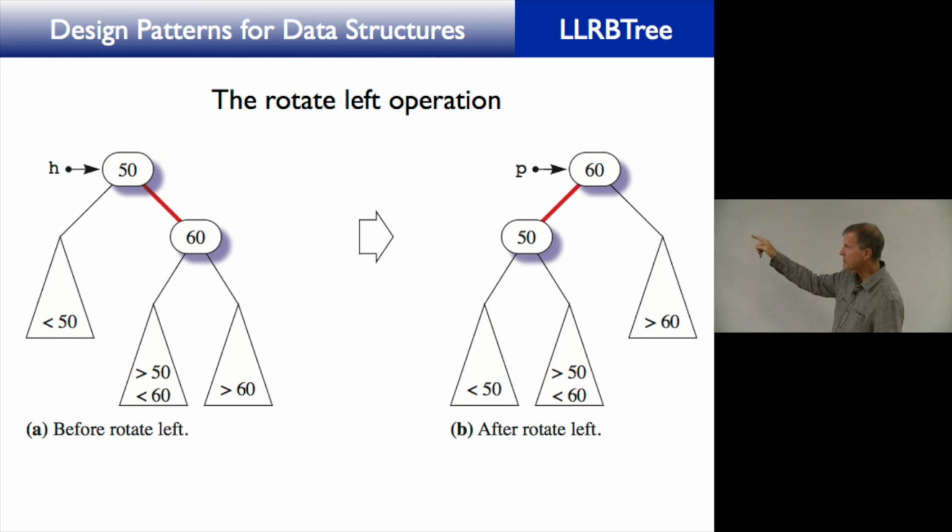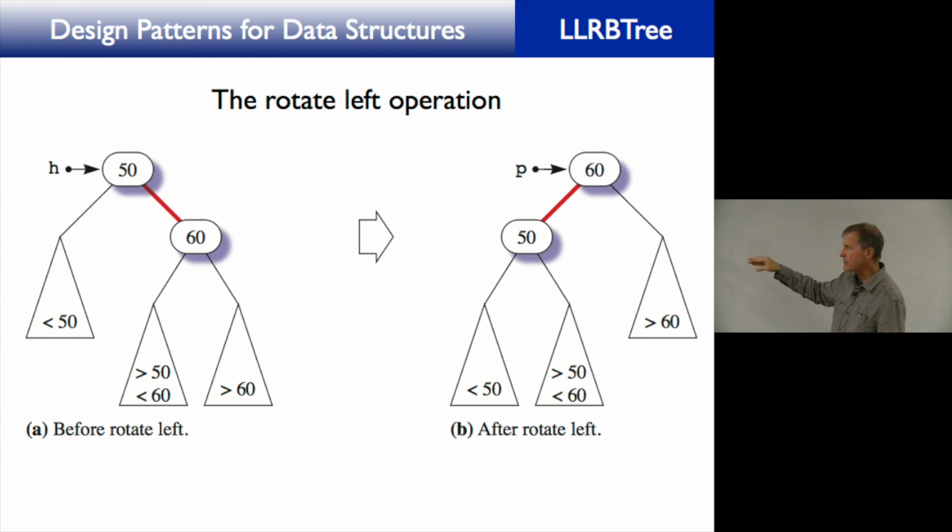The left child of 60, which is okay because we know 60 is greater than 50, because it was to the right before the rotate. Are you with me? And furthermore, the right child of 60 consists of all those elements in the subtree that are greater than 60, so it remains the right child of 60.